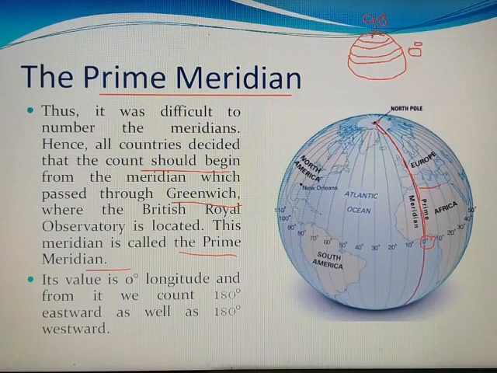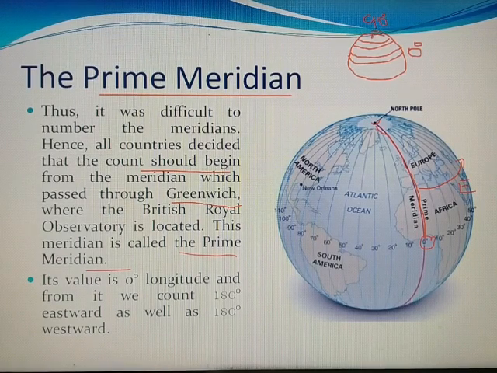East of this prime meridian, that means east of this Greenwich meridian, we have to put E. And west of this Greenwich prime meridian, we have to put W, which means it is in the western hemisphere. East means the eastern hemisphere, west means the western hemisphere.